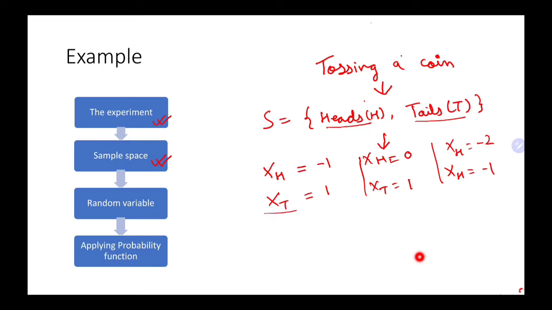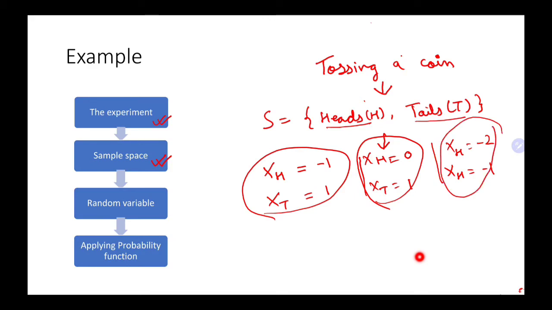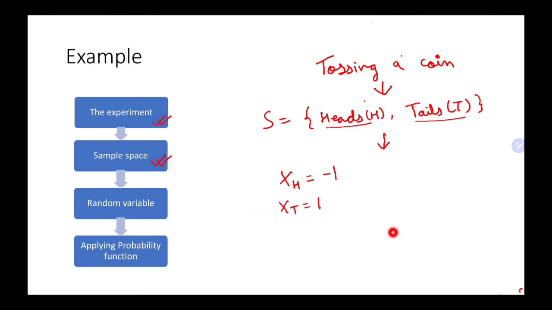So in this set, it assigned the value of -1 to heads and 1 to tails. In this one, it assigned 0 to heads and 1 to tails. And in this one, the random variable x assigned -2 to heads and -1 to tails. Hence, we are now done with the process of creating the random variable.